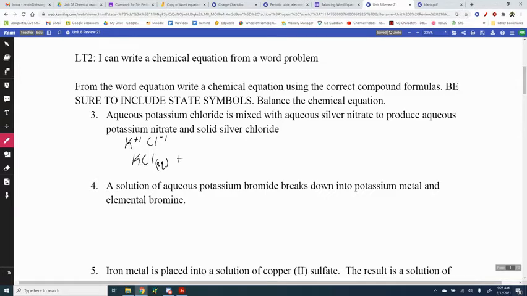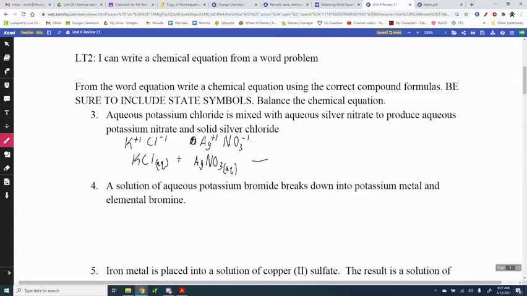Mixed with, so that's our plus, silver nitrate. Silver is Ag, that has a +1 charge. I should probably make it an actual capital. Nitrate is NO3, that has a -1 charge. So that's going to be AgNO3, and that's aqueous.